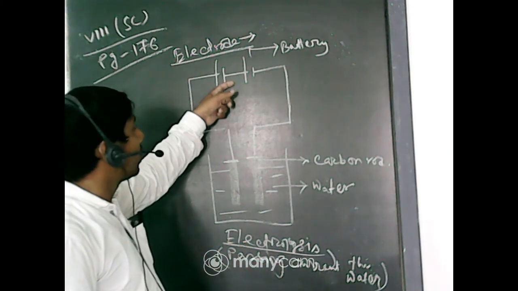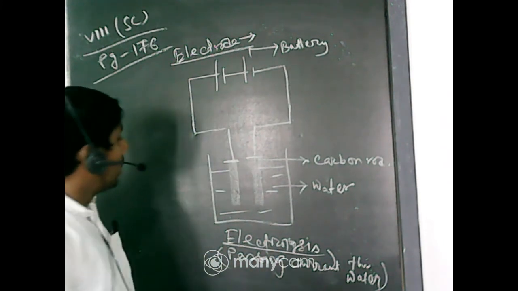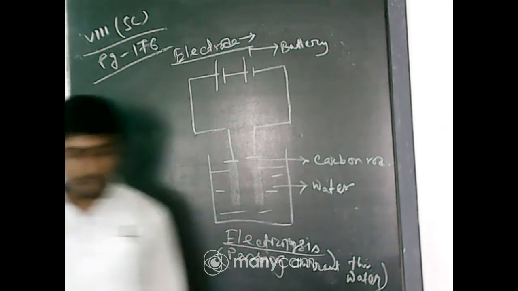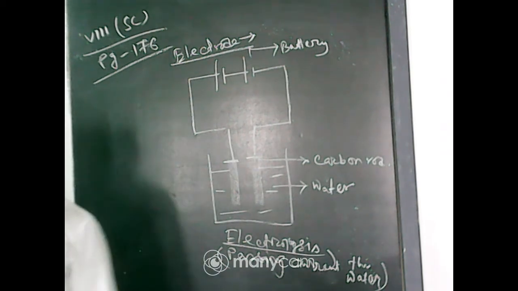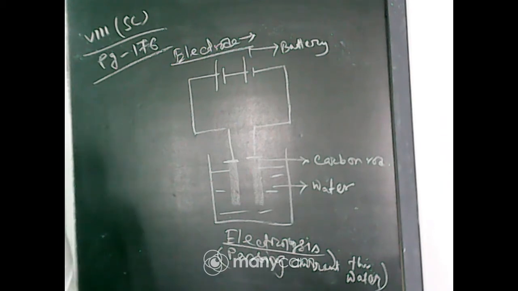Here the source of the electric current is the battery. And this picture is a diagram of electrolysis.